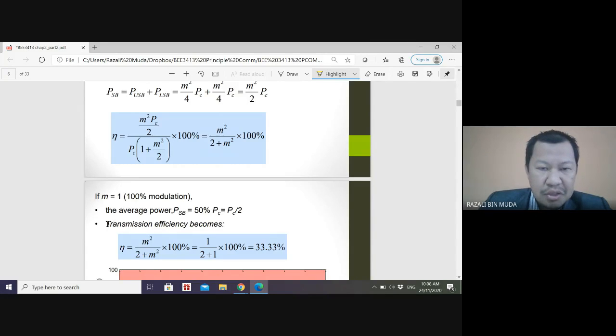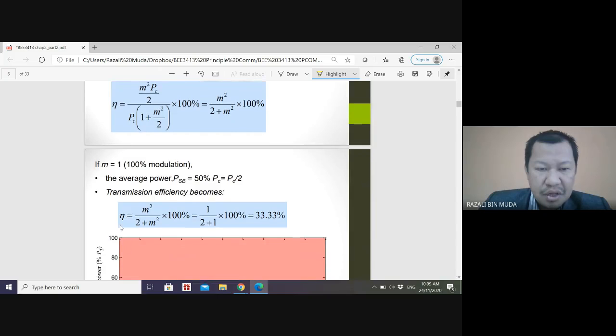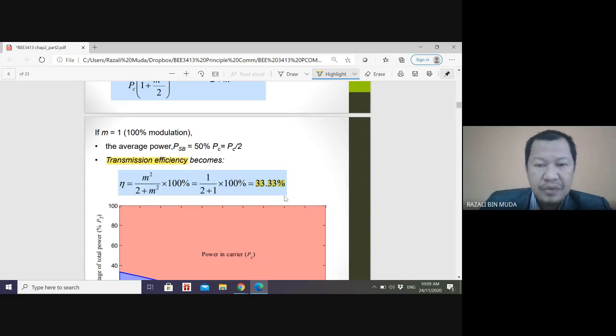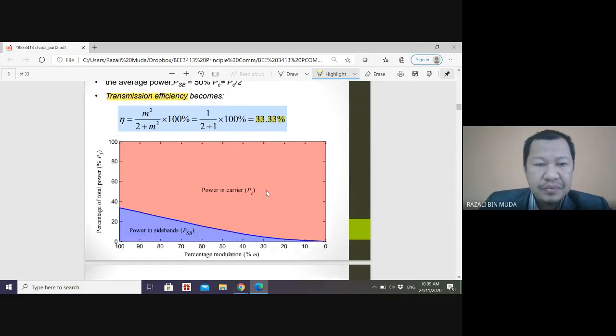So the transmission efficiency, the eta, will become this equation. When m equal to 1, we put 1 into the equation, and it becomes 33%. Okay, so what does it mean?